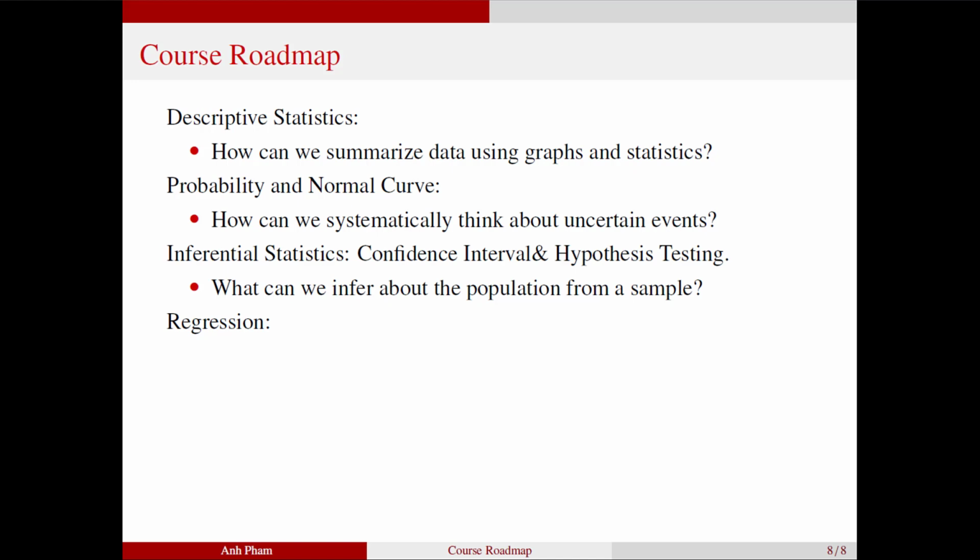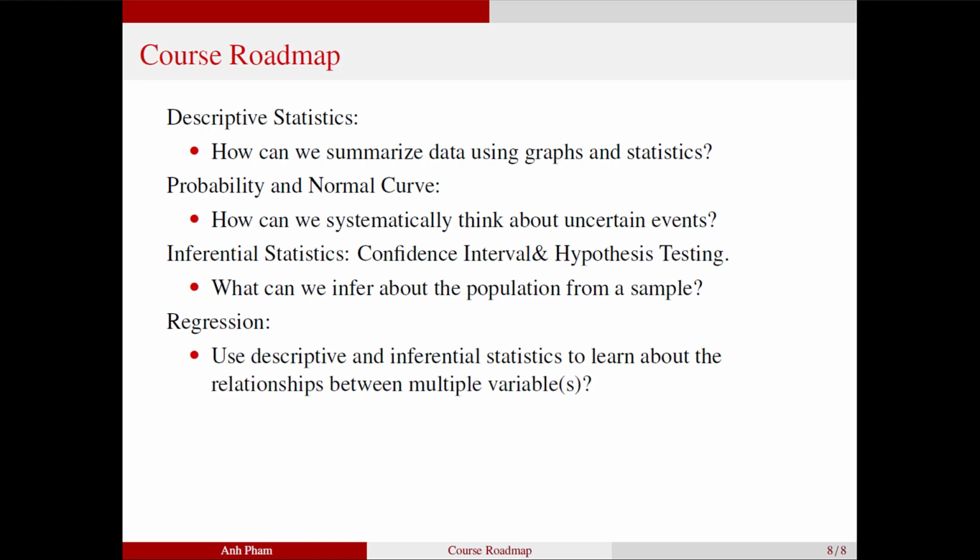Then the final broad topic we are going to cover is regression. Here we're going to use our general understanding of descriptive and inferential statistics that we learned earlier to learn about the relationship between multiple variables.